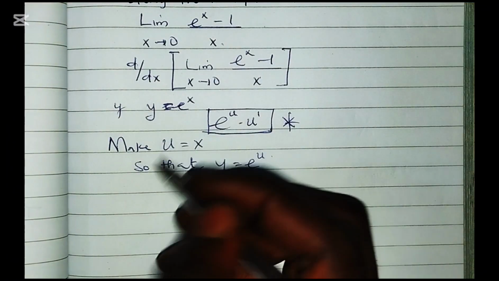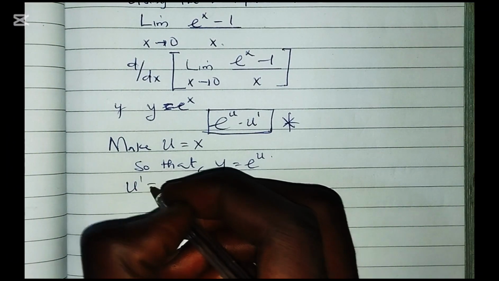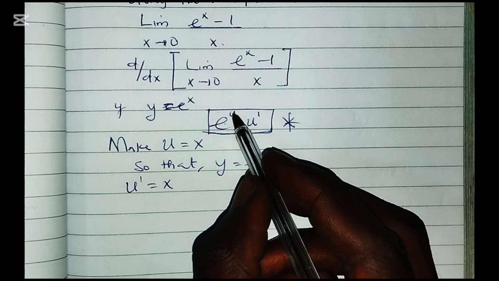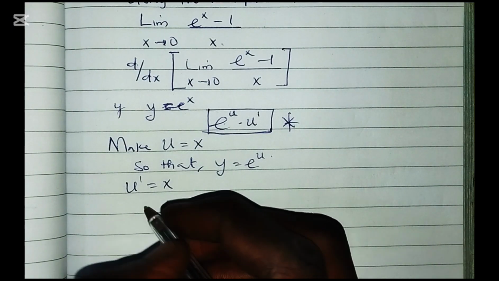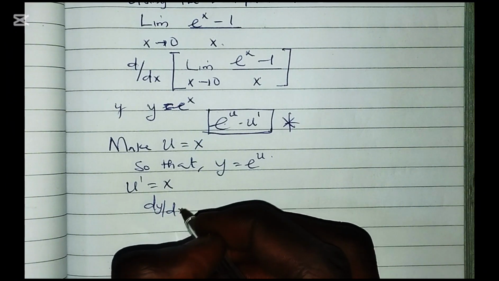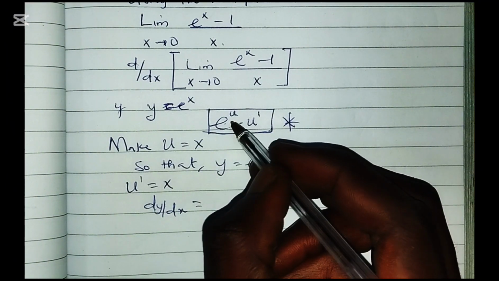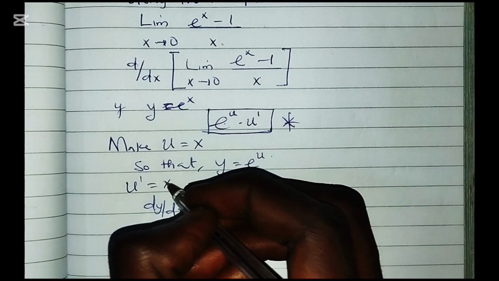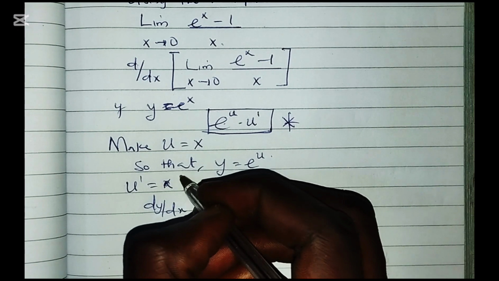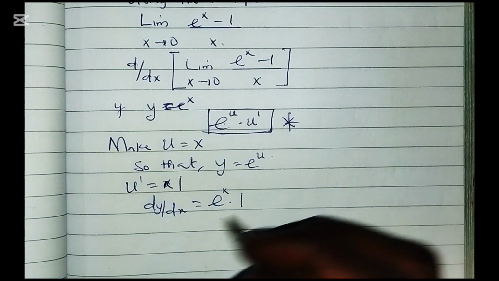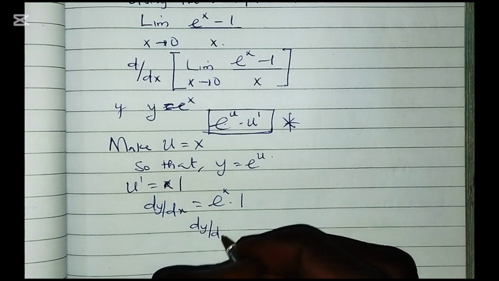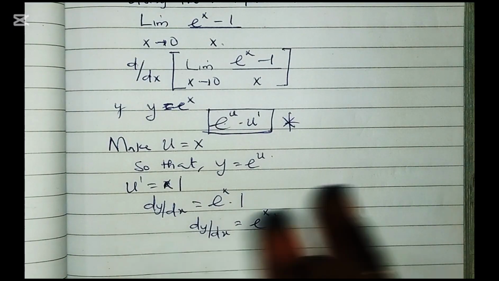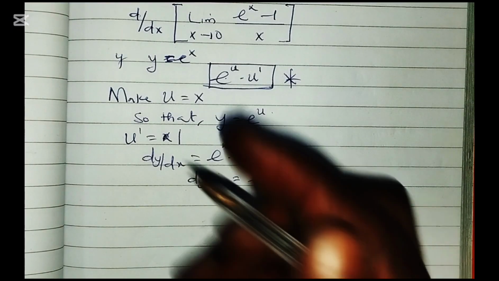Then u prime is 1, and the formula is e to the u times u prime. So dy/dx of e to the x is simply e to the x, nothing changes.